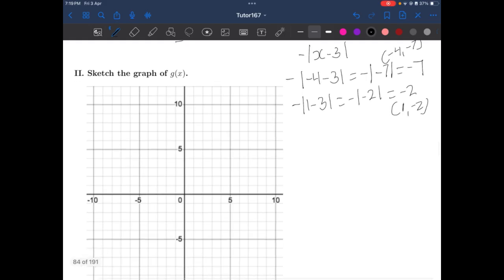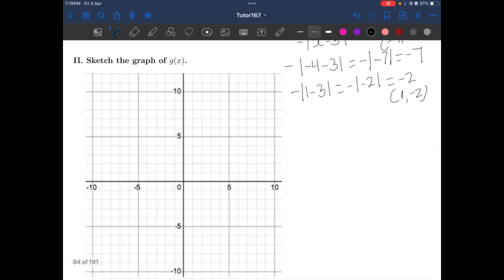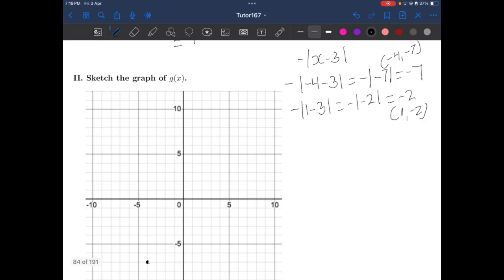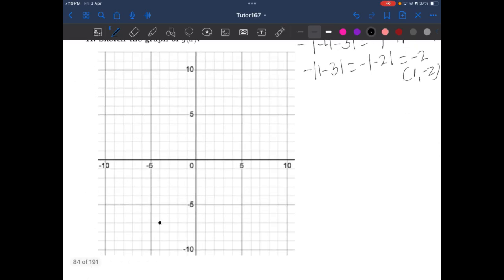So negative 4, negative 7. So you see it goes in terms of 1, 2, 3, 4, 5. So negative 4, negative 7 is over here. And then 1, negative 2 is right here.